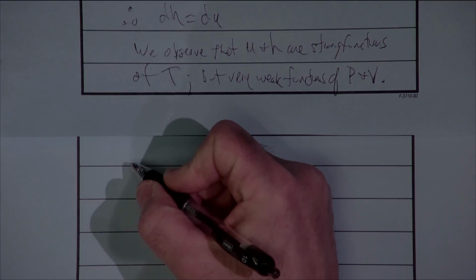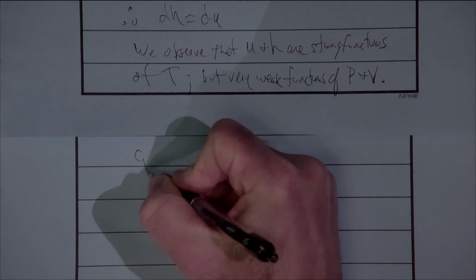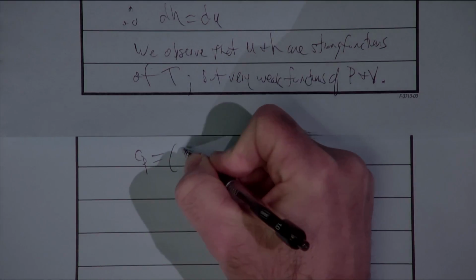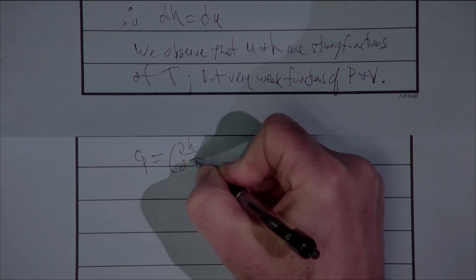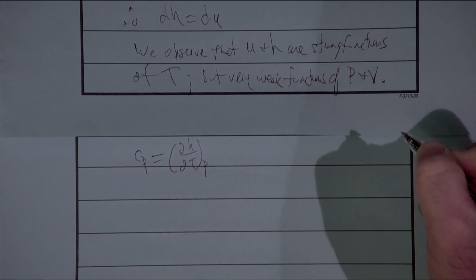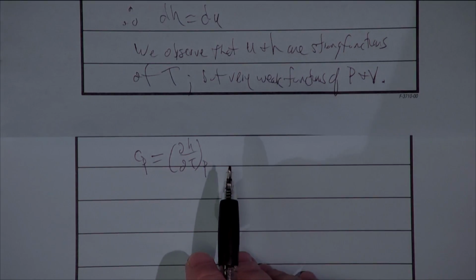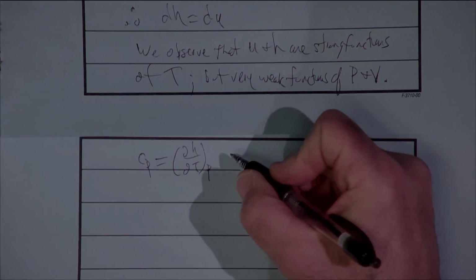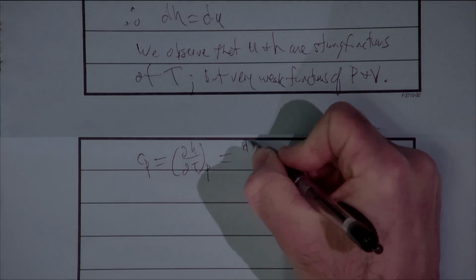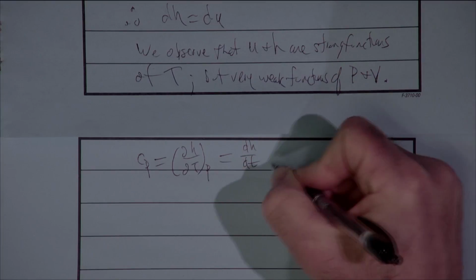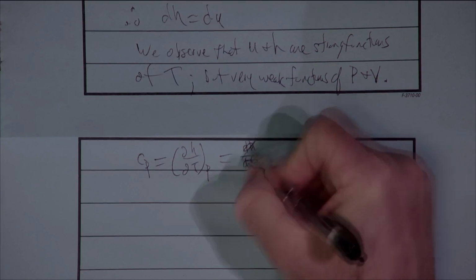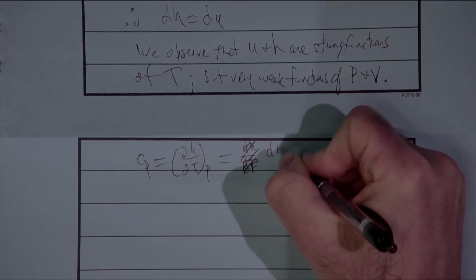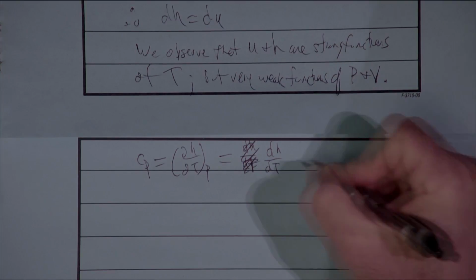So let's go back to our definitions. We know that Cp is defined as a partial of H with respect to T holding P constant. But if, like for gases, H is a strong function of T but not of P, then that means this is essentially equal to dH dT. That should be a capital T, sorry. dH dT.